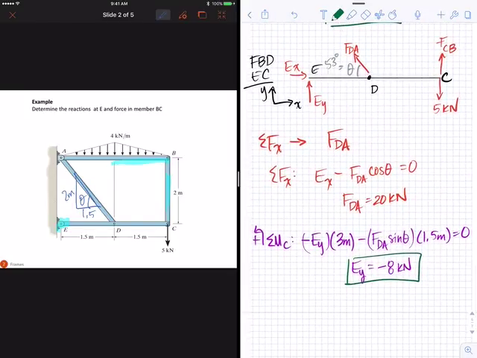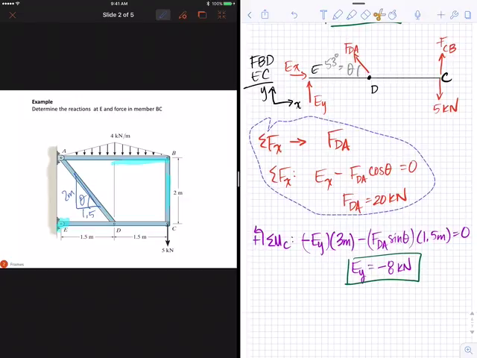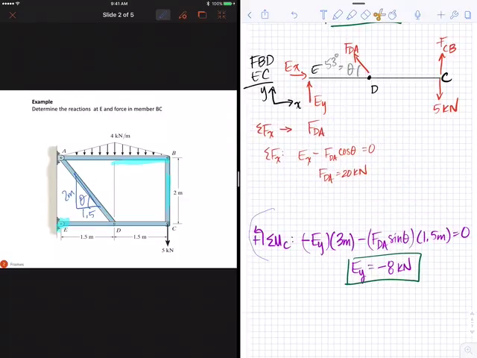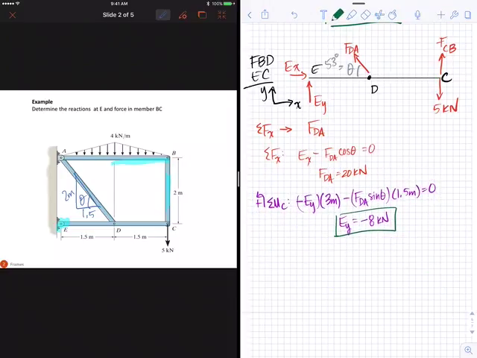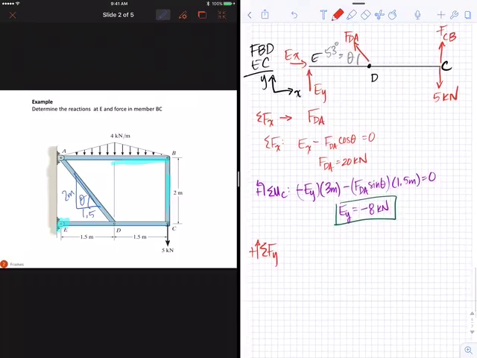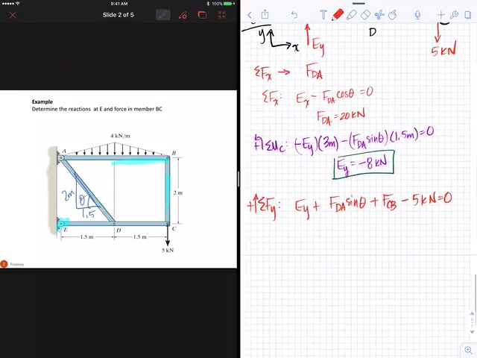And now, I'm going to shrink this down. We can take all this and get our last equation. Sum of forces Y, positive. And that's going to get us our FCB, the one that we've been wanting, the last step. So we have EY plus the Y component of FDA, sine theta, plus FCB, minus 5 kilonewtons equals 0. Again, simplify this as much as you can before you go to MATLAB.